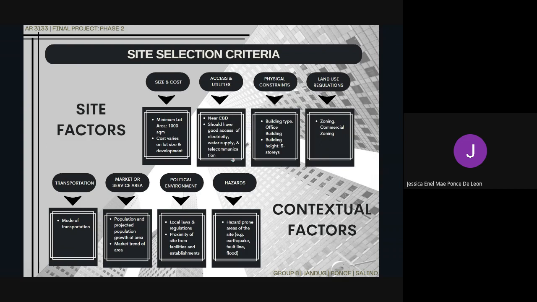For the contextual factors, we would consider the mode of transportation, the population and population growth of the area, as well as the market trend of the area. It must also abide by local laws and regulations, be near facilities and establishments, and be located in a hazard-free area.